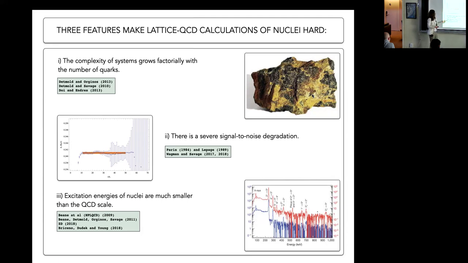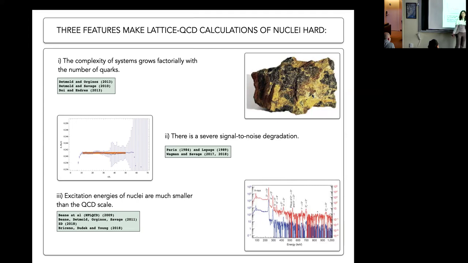And then finally, we have a resolution problem, because if I have a large atomic nucleus, the excitation gaps are going to become smaller and smaller compared to the ground state. This is a picture that I have here from two random nuclei, I think radon and radium. And these are experimental measurements. And you see these peaks are very close to each other.